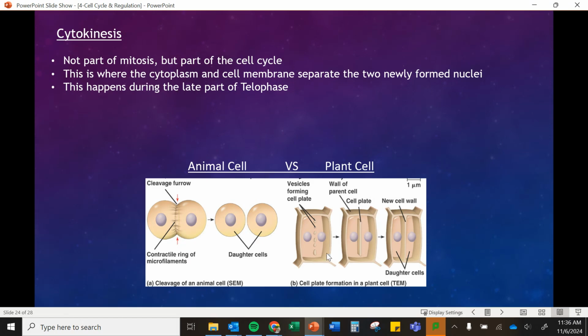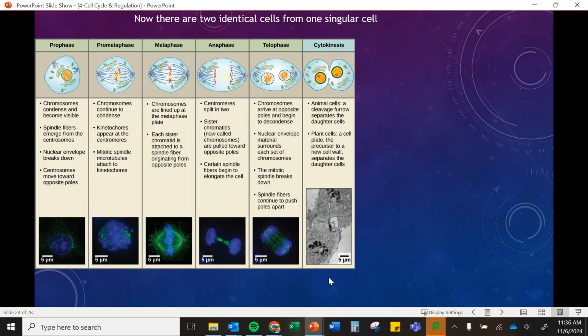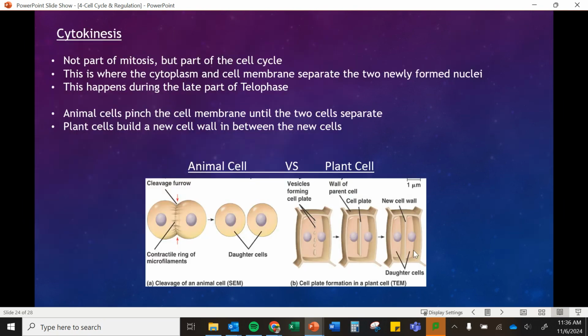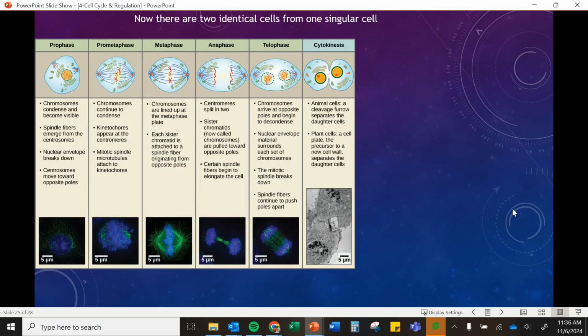And in plant cells, we have this plate that's being formed, the cell plate that will turn into this new cell wall. Okay, so the animal cells pinch their cell membrane. Plant cells are going to build that new cell wall using that cell plate. Okay, now we have two identical copies of that same cell.